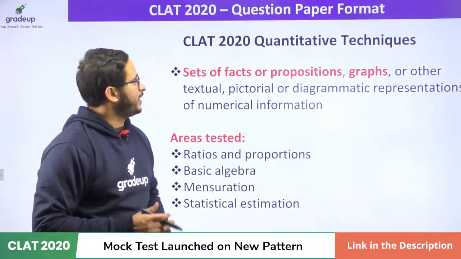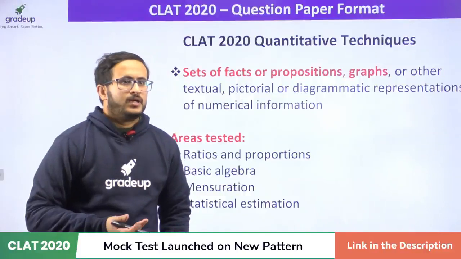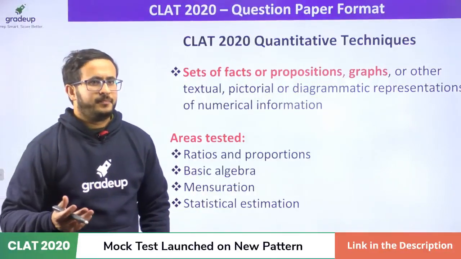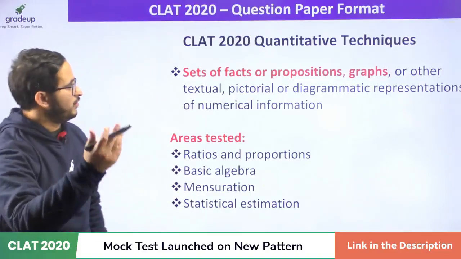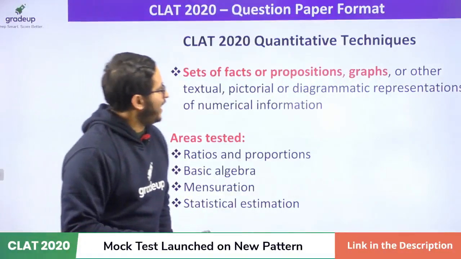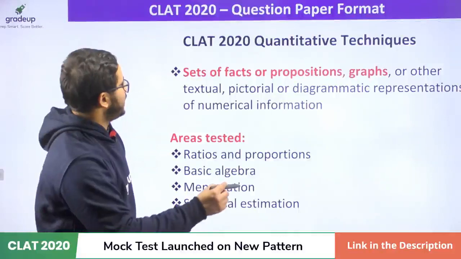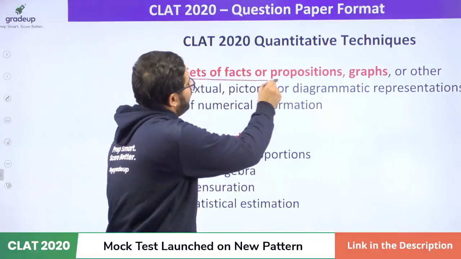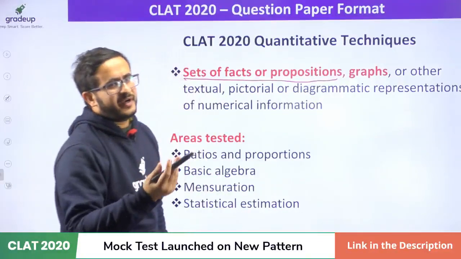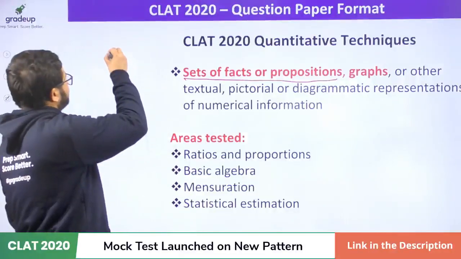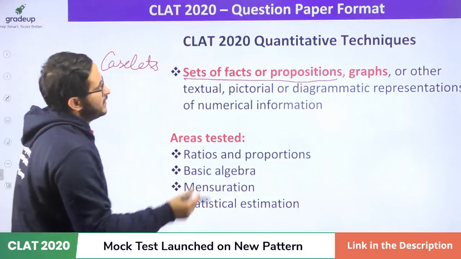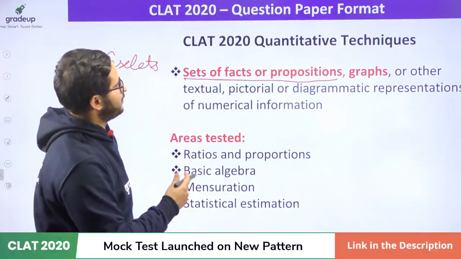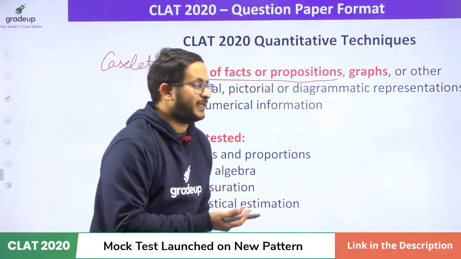Now talking about quantitative techniques, again there won't be any single questions, all would be set questions, and the question types would be based on sets of facts or propositions. So you might have caselets, and it also says graphs or other textual, pictorial or diagrammatic representation.